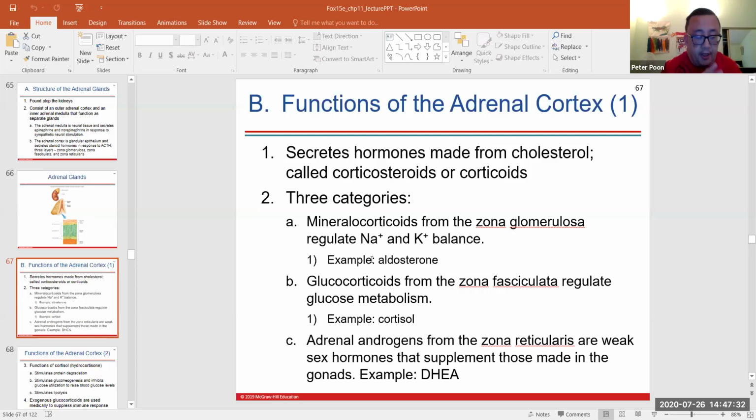Aldosterone is the terminal hormone in this big pathway called the RAA pathway, the renin, angiotensin, aldosterone pathway. Glucocorticoids from the zona fasciculata regulate glucose metabolism, like cortisol. And then adrenal androgens are weak sex hormones, like DHEA.